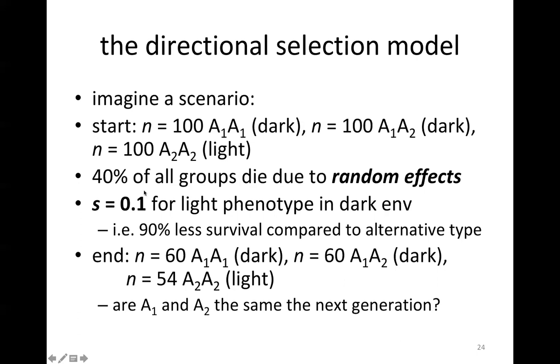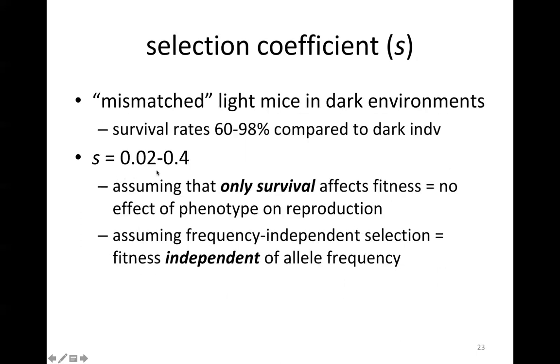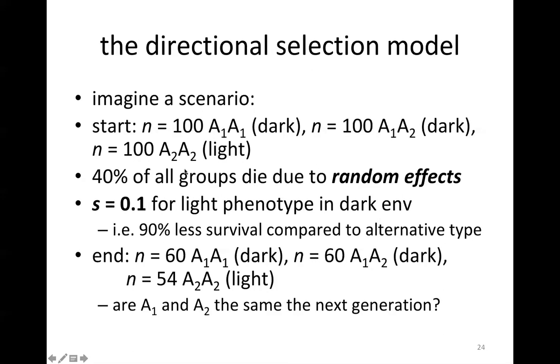To make the scenario more realistic, we introduce these 300 mice into the environment. Let's imagine 40% of all groups die first due to random effects, but then there's also selection against light coat color and for dark coat color, and the selection coefficient, let's choose 0.1, somewhere midway between these two.